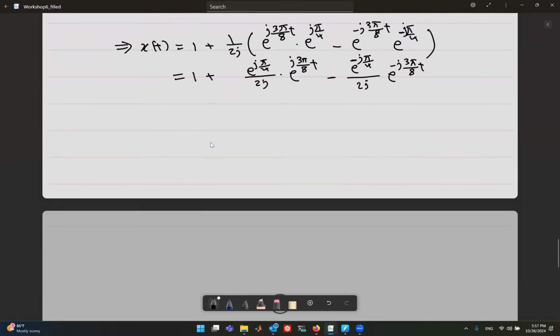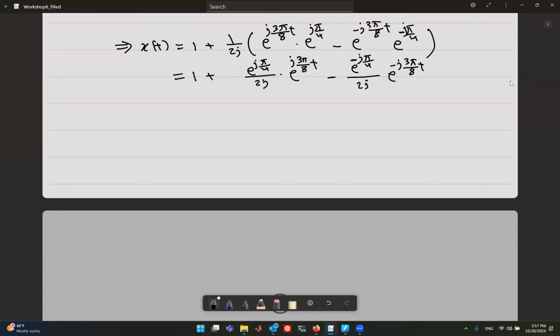And now you should be able to see the coefficients of xt. Do you see them? Not yet.